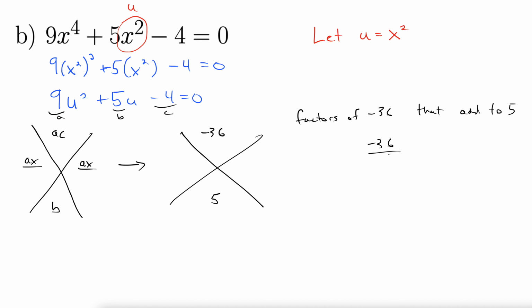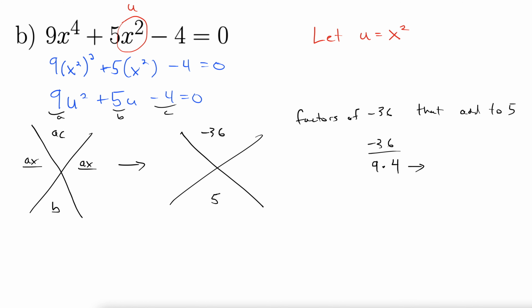Okay, well, 1 and 36, no. 2 and 18, no. What else can we do? 9 and 4 is sounding pretty good because I can mess with the pluses and minuses of 9 and 4 and get to 5. So 9 times 4 is 36. Let's tweak these negatives just to make it work out right.